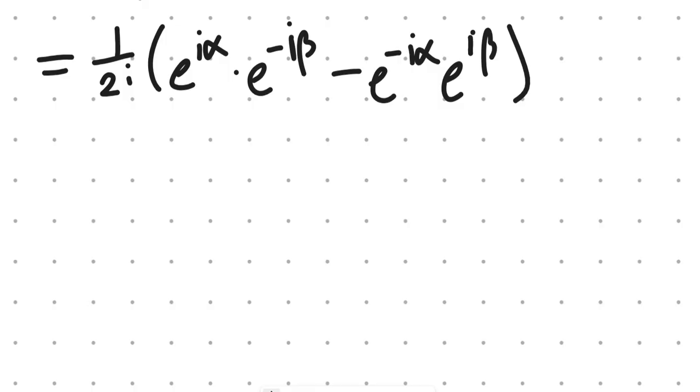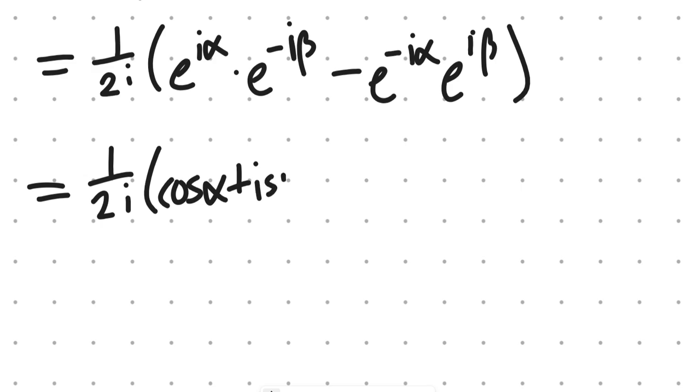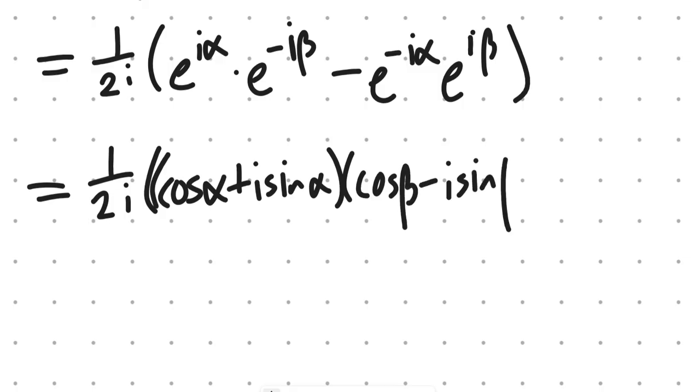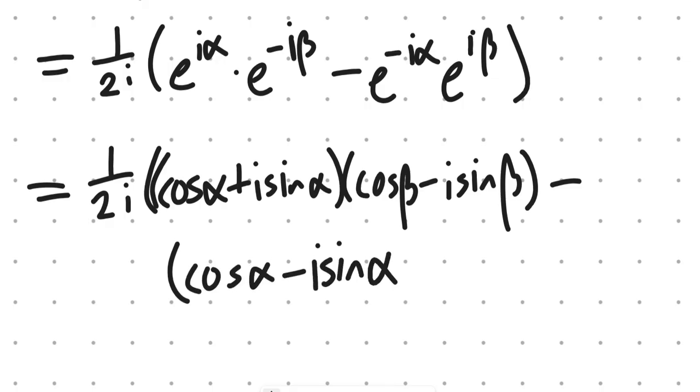So what we get is 1 over 2i times cosine alpha plus I sine alpha, times cosine beta minus I sine beta, minus cosine alpha minus I sine alpha, times cosine beta plus I sine beta.